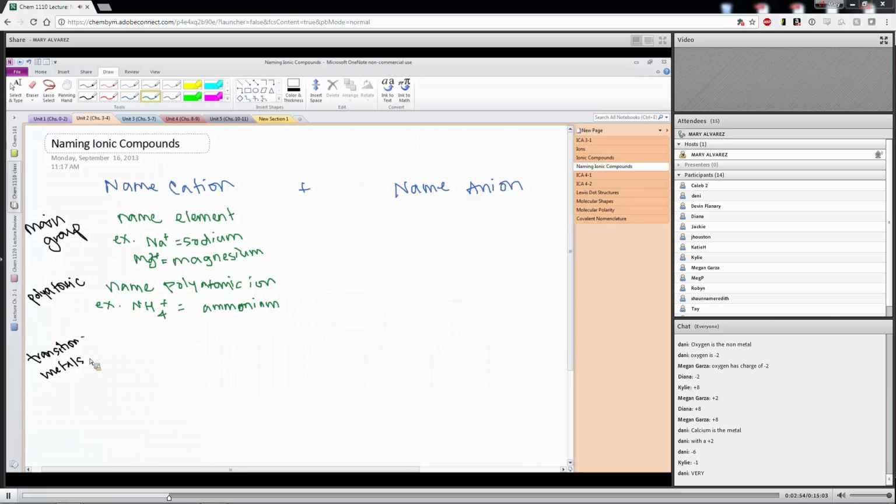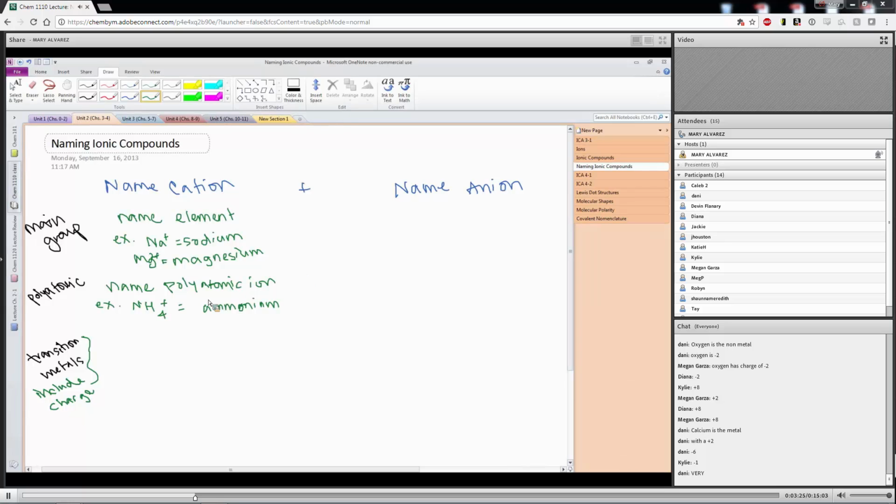This is the only part where it gets tricky, and that's because it's transition metal, so we kind of expected it to be tricky anyways. The key here is that we have to include the charge. And we have to include the charge in the name because there's no other way that you or I would know what the charge is, because each transition metal is different. It doesn't base it on the group, and each transition metal could be more than one of our charges.